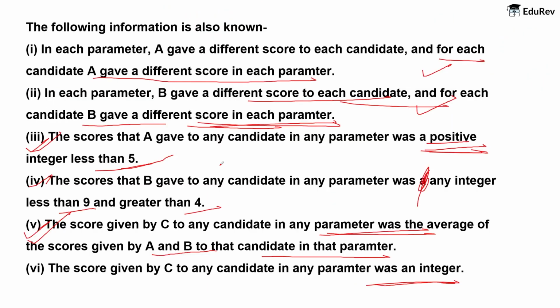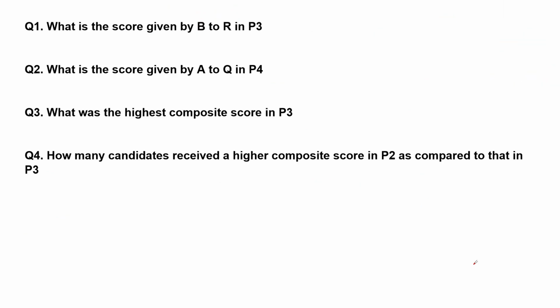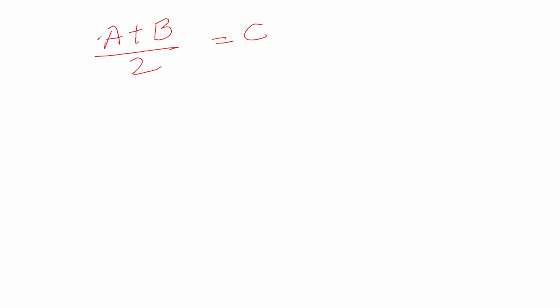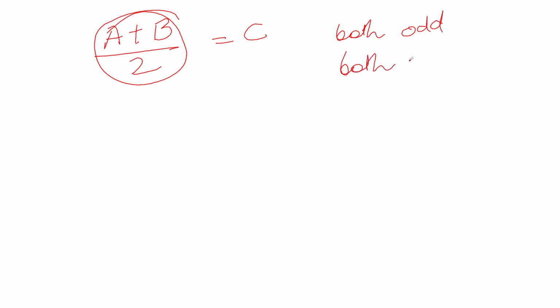And also over here, it is given in the last instruction, the score given by C to any candidate in any parameter was an integer. It means it was neither a decimal nor a fraction. It was an integer. And this value will only be an integer if either both A and B are odd or both A and B are even.